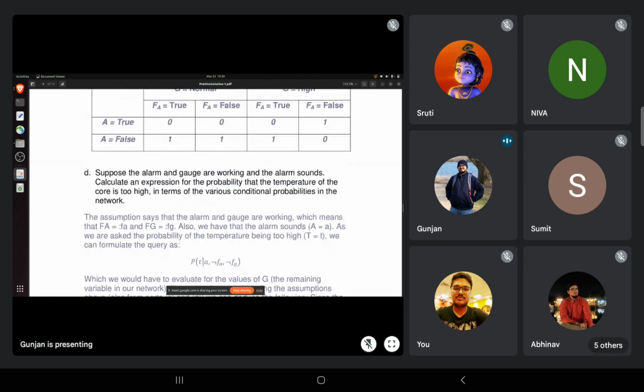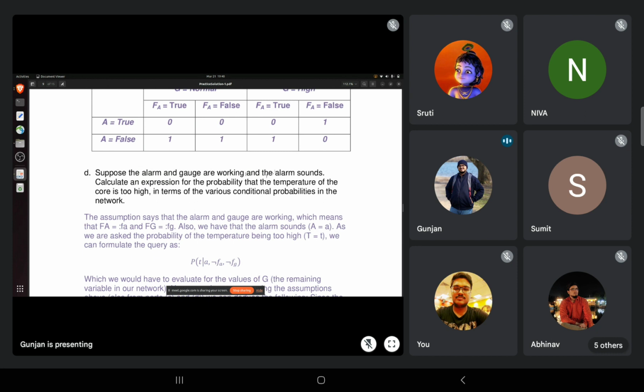Then there is this example of Bayesian rule. Suppose the alarm and gauge are working and the alarm sounds. Now calculate an expression for the probability that the temperature of the core is too high in terms of various conditional probabilities in the network. So what is given to you? It is given that the alarm and gauge are working and the alarm sounds. That means FA is false and FG is false, right?